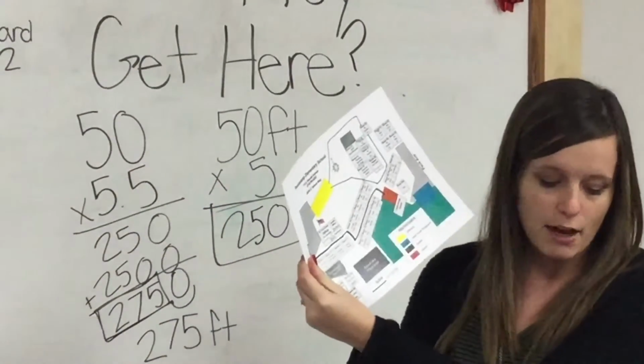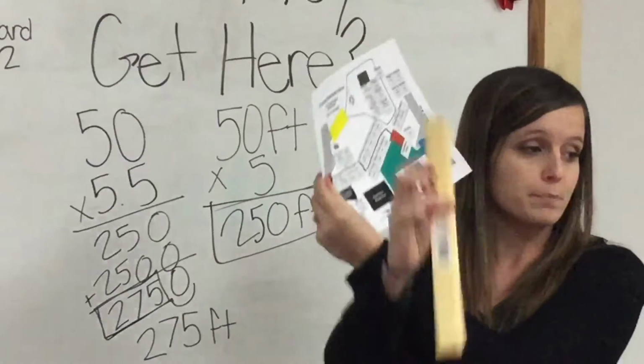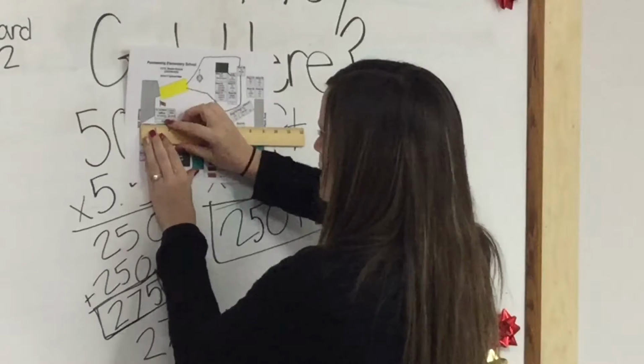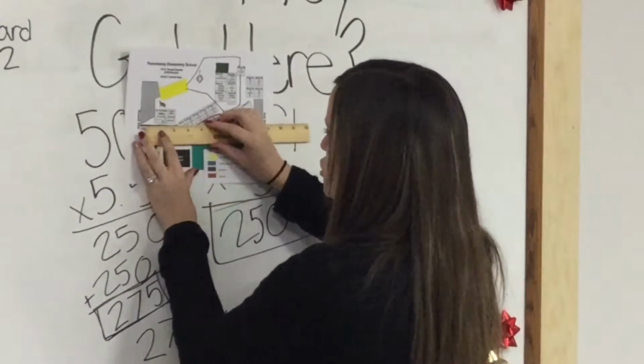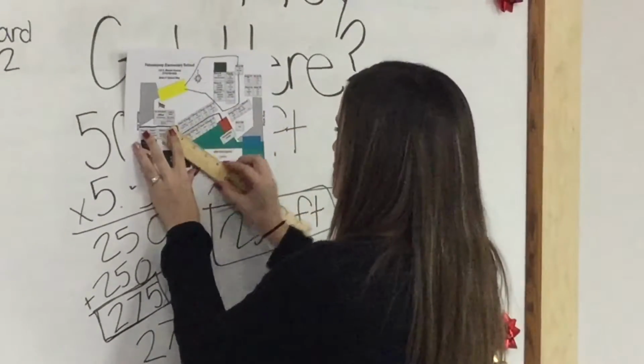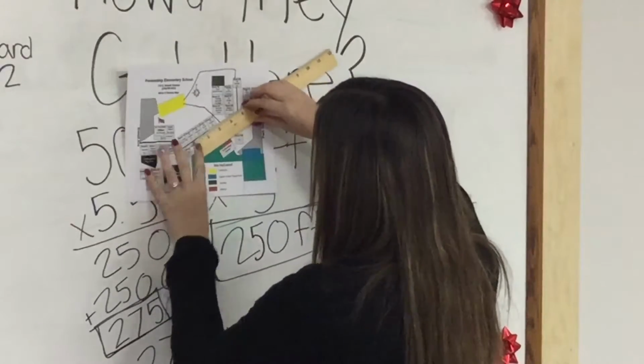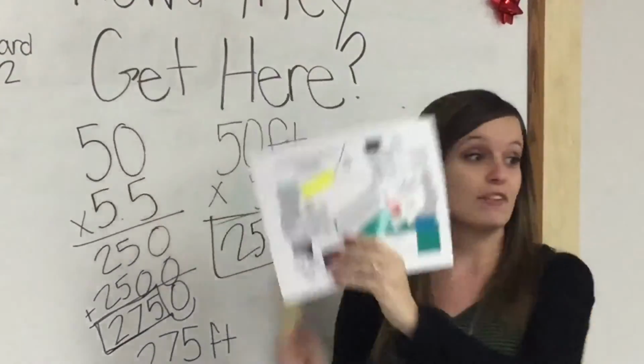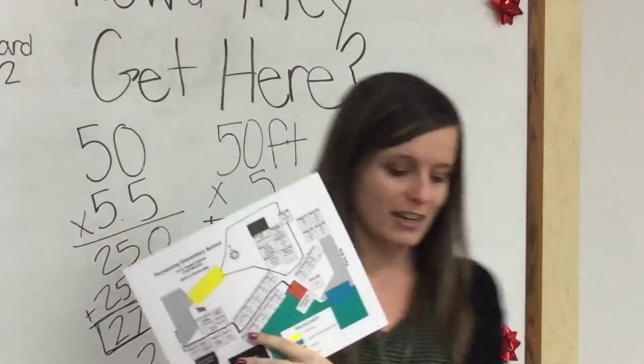So we have that, and now everyone get your rulers out and let's do this together. Let's figure out how many inches this line is. So we have 1 inch, 2 inches, 3 inches, 4 inches, 5 inches, 6 inches, 7 inches. Did everyone get 7 inches? Yeah? Okay.